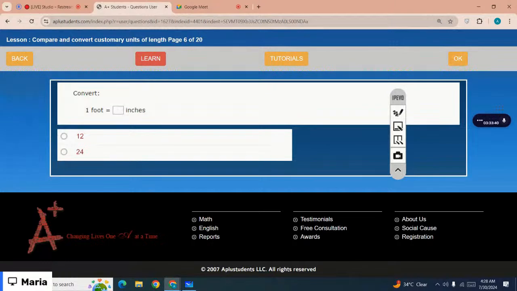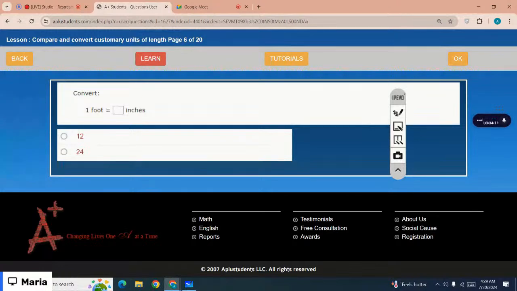1 foot equals how many inches? 1 foot equals 12 inches.